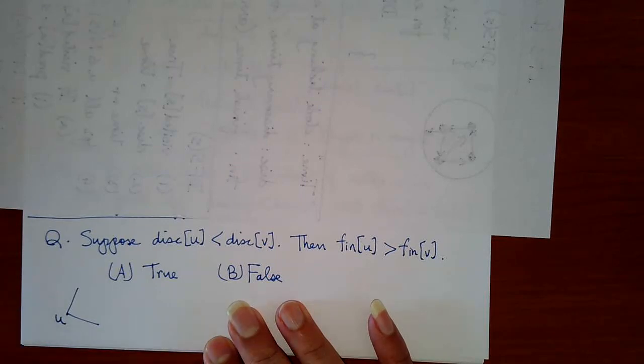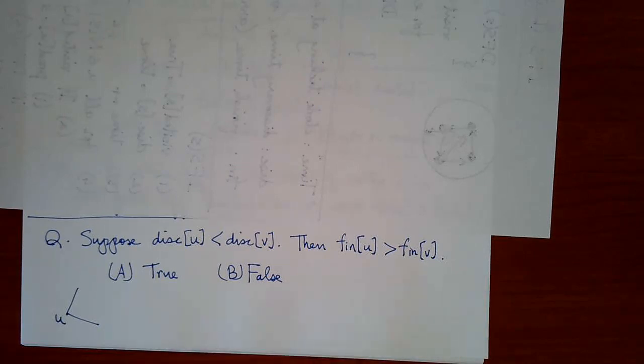Then I guess, oh wait, no. Sorry. I guess you want to say U and V are both descendants of one another node.